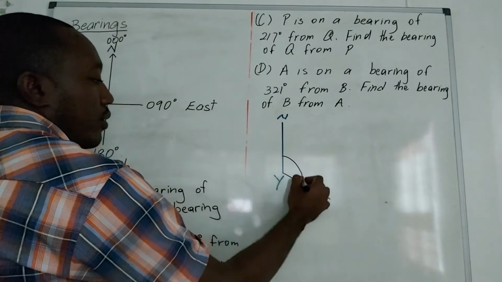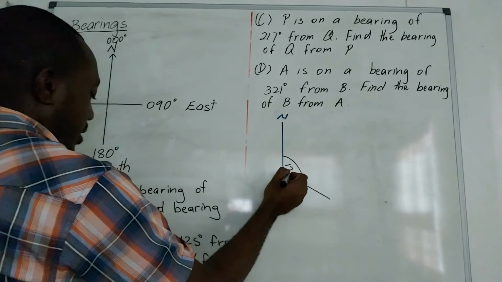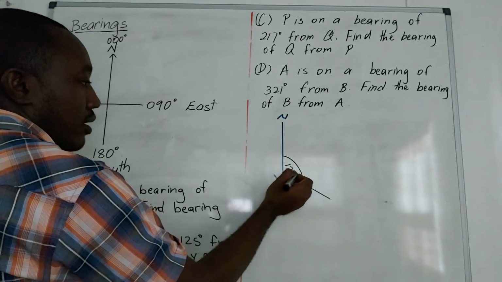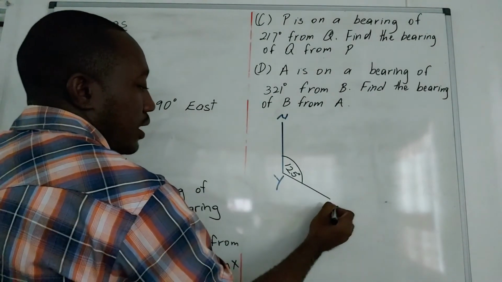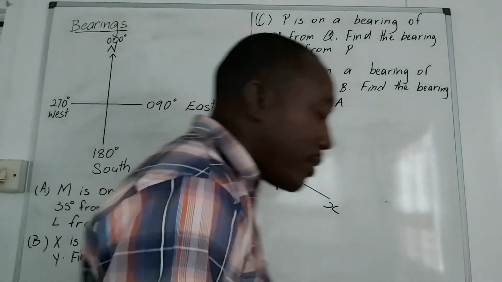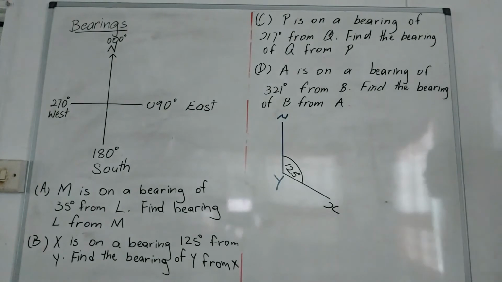So here we will have 125 degrees, and that is Y, and X would be here. So we have our bearing of 125 degrees.